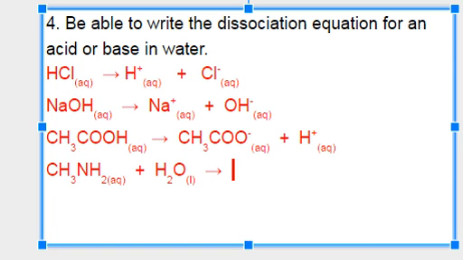So what actually happens here is the CH3NH2 takes a hydrogen from water. So I end up with CH3NH3, and that's going to give it a positive charge because it's taken the proton. And then that's going to leave behind an OH minus group, which is why this is a weak base, because it's generating OH minus in the solution.